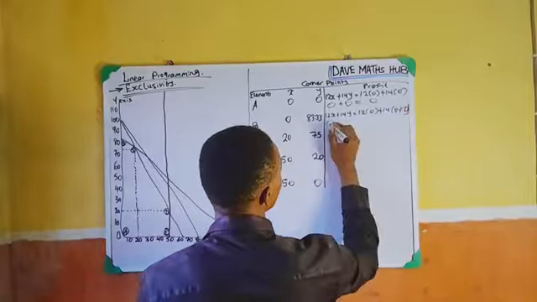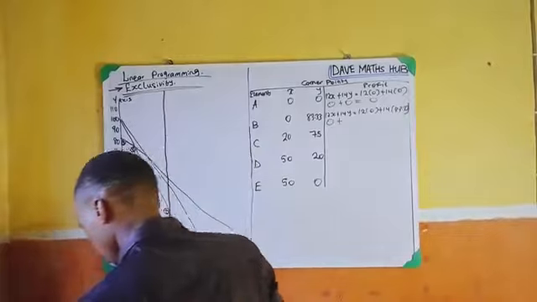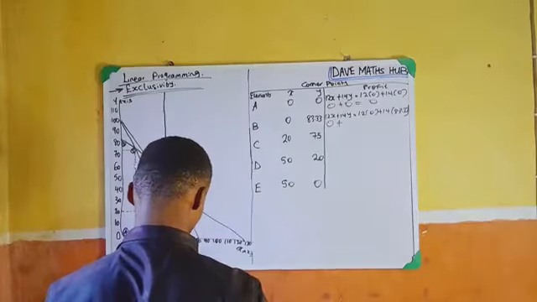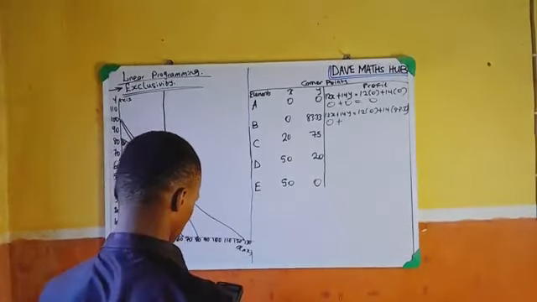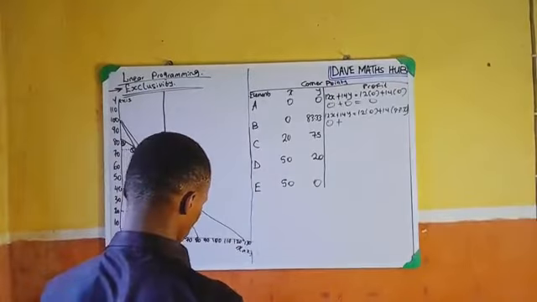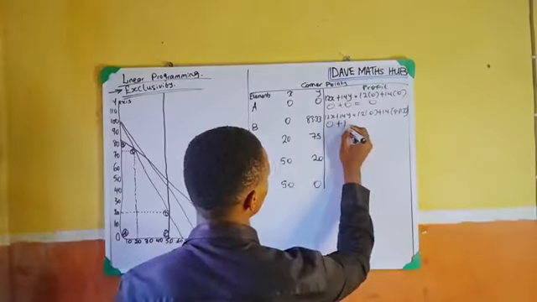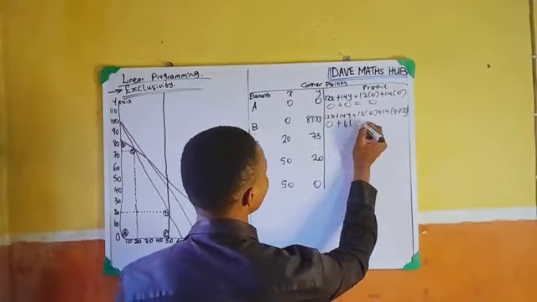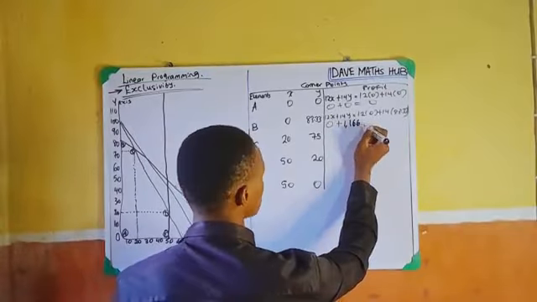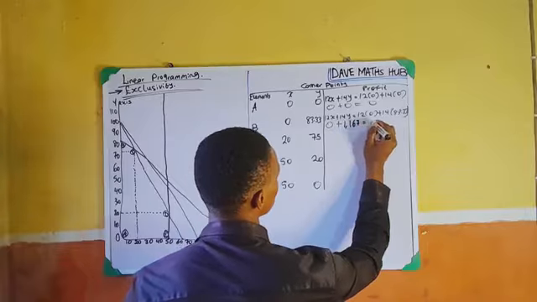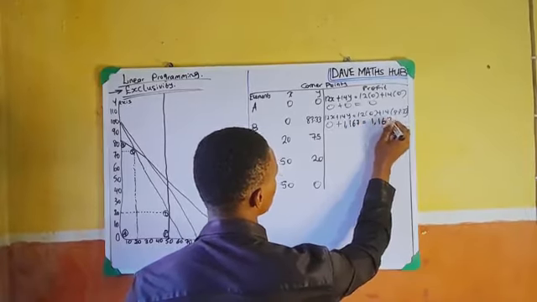So this is 0 plus 14 times 83.33, which gives us 1166.62, so we can say 1167.